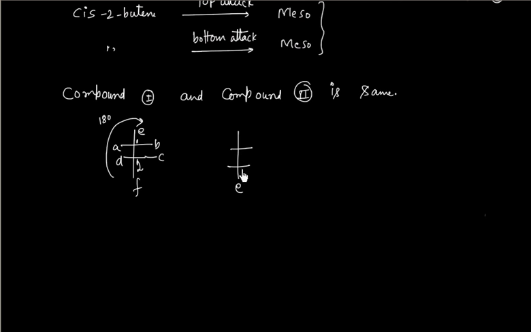Now this will become carbon 1, this will become carbon 2. Now this B will go this side, because with 180 degree rotation it will reach here, A is here, C will reach this side and D is here. F is on the top. Now this compound and this compound are the same compound. So let us call this 3 and this 4. 3 and 4 are the same compound.